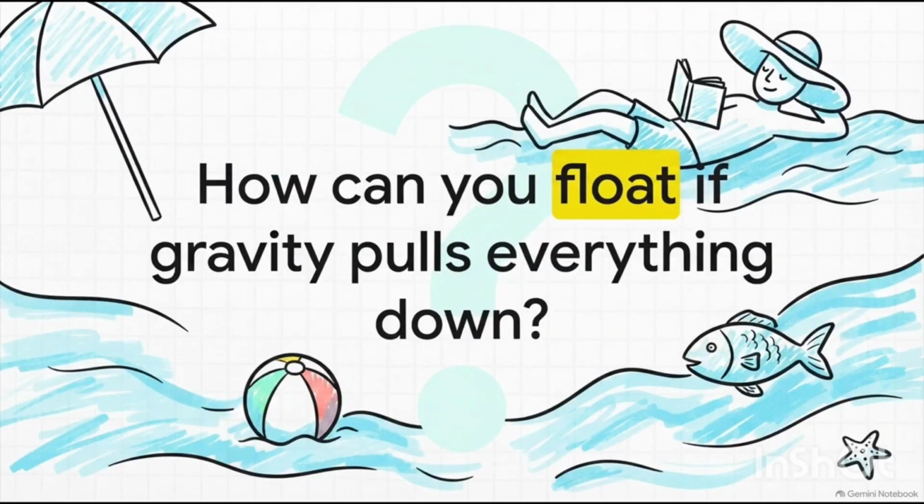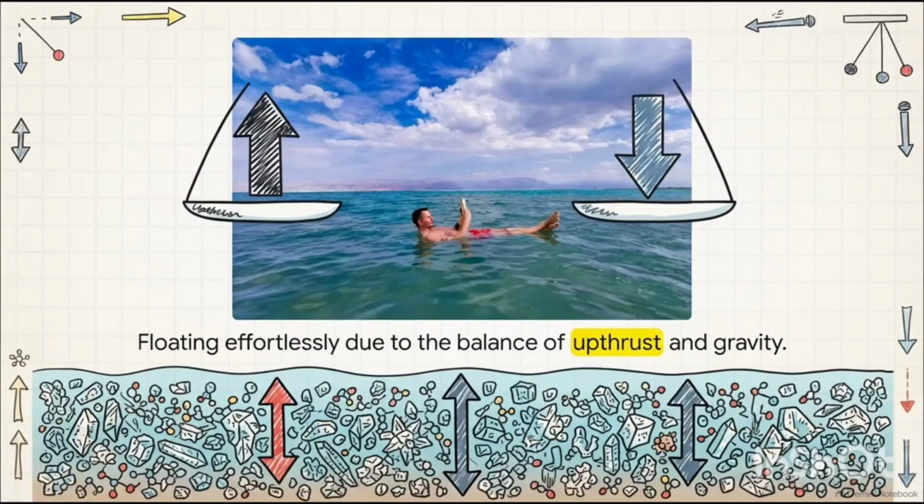This actually leads us to a wonderfully counterintuitive question about our own experiences. If gravity is an inescapable force pulling us down, how is it physically possible to just lie back, float in the ocean, and casually read a book? You can float effortlessly like this because you've achieved a perfect stalemate between two forces.